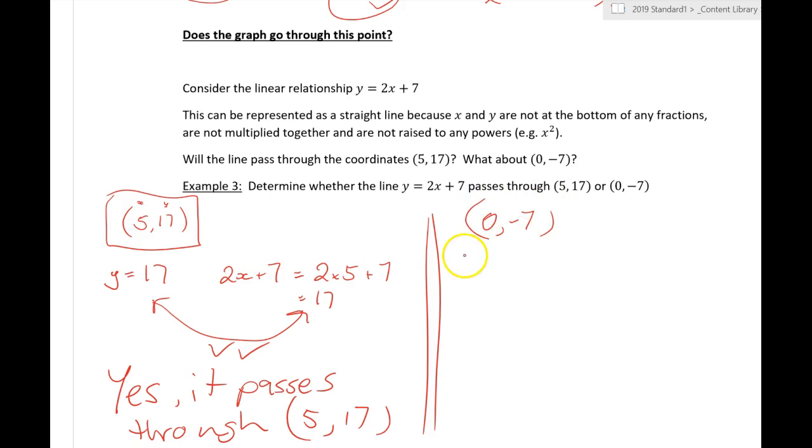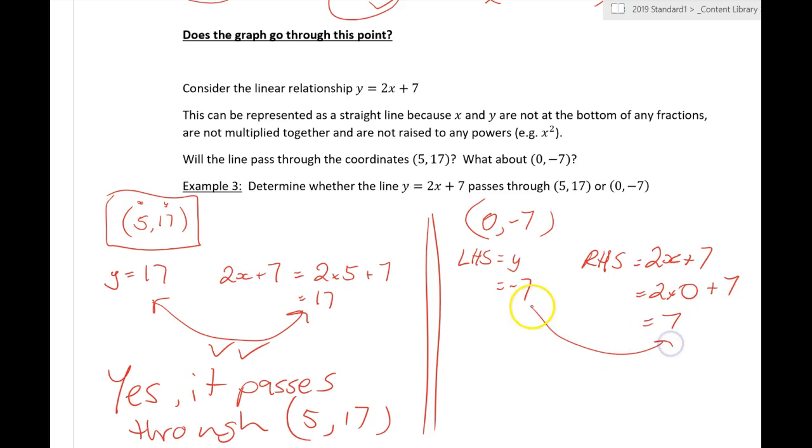Now my left-hand side here, slightly different to last time, this is just slightly more formal. My left-hand side is still y, and y in this case, it's not 0, remember x comes first, is negative 7. So my left-hand side is negative 7. My right-hand side is equal to 2x plus 7, which is 2 times 0 plus 7 equals 7.